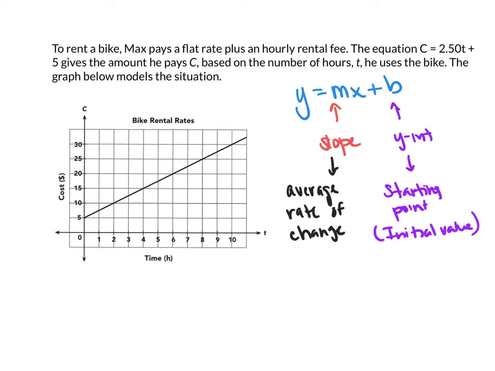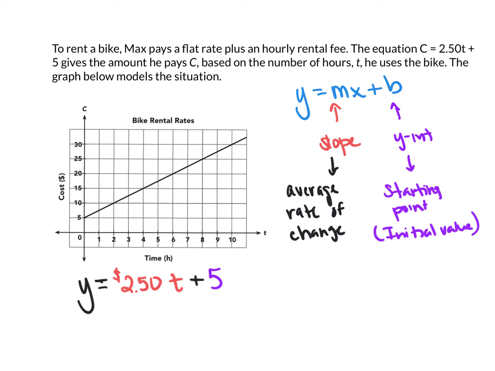In this particular case, we can see that the equation is y equals, here you have your slope, which is basically $2.50, plus the amount of time he actually rides that bike for, T. So it costs him $2.50 for every hour he rides the bike, plus he has to pay a flat rate, and that flat rate is the starting amount, which in this case is 5.